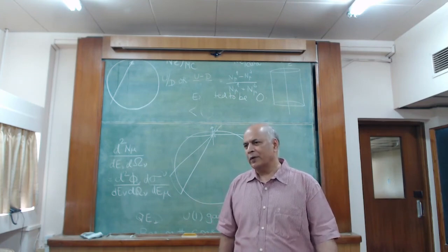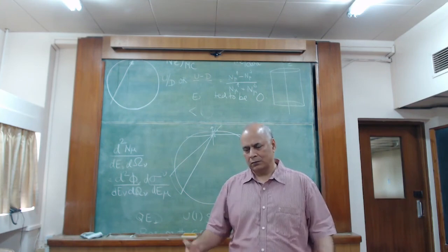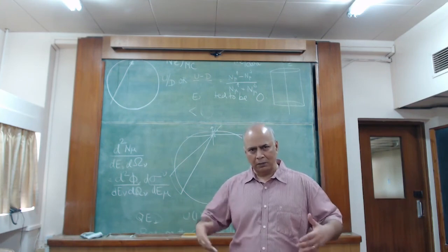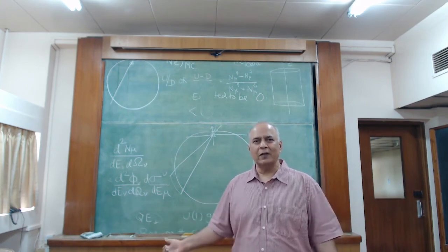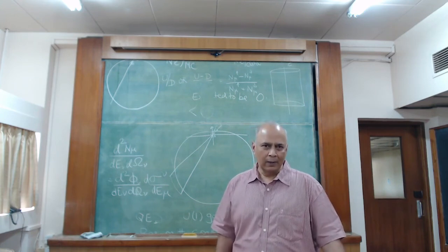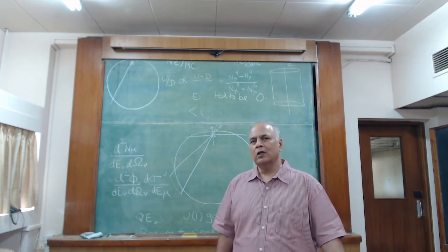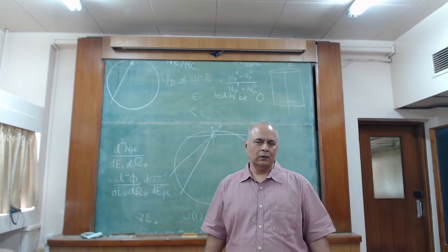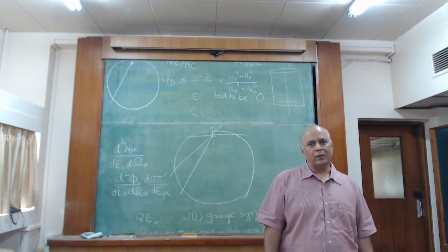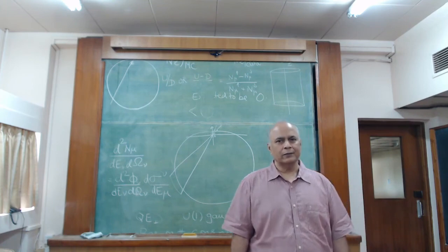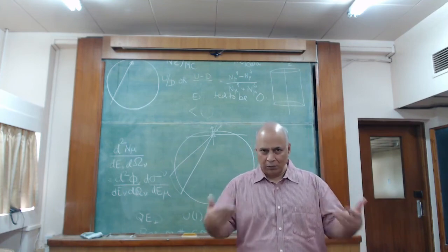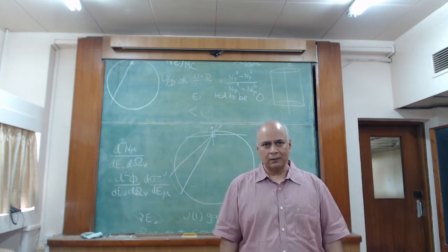But Super Kamiokande, as I will mention, is a much fancier experiment than Kamioka. They didn't look at up-down asymmetry, but they looked at what is called zenith angle distribution. So that's a fancier analysis.